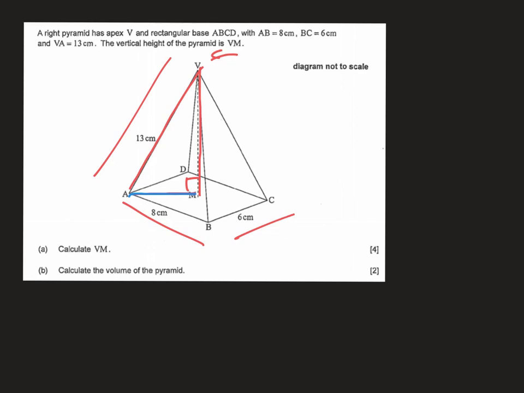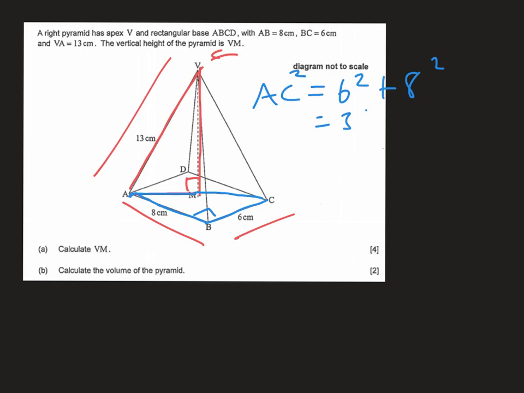Well, if you look at the broader base ABCD, you can see that although we can't work out AM, we can work out AC, because AC is also a right angle triangle. So AC, there's going to be the right angle. So we can work out AC. So AC squared would be BC squared, which is 6 squared, plus AB squared, which is 8 squared.